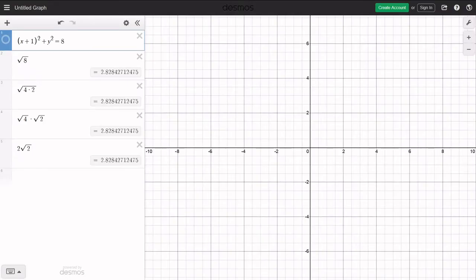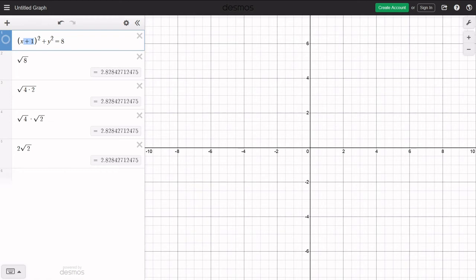Okay, here I have the nice coordinate system on Desmos. So we're going to graph this circle on here. If we look at the circle, we should see that we have x plus 1, which means the center should be at, right, it's supposed to be x minus h. Since we have plus 1 in there, that means h must be -1.